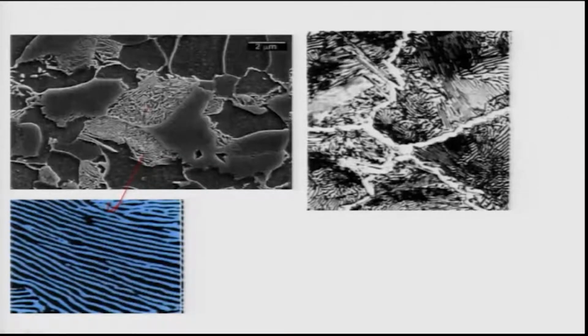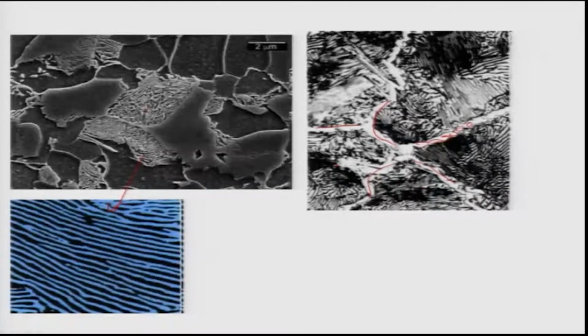On the other hand, if I have a hypereutectoid steel with a carbon concentration more than 0.778%, you will have pearlite in the grains of the gamma. At the grain boundaries, you will have discontinuous cementite. As you see here, they are actually cementite crystals, joined separately like this, and they are present along each grain boundary.